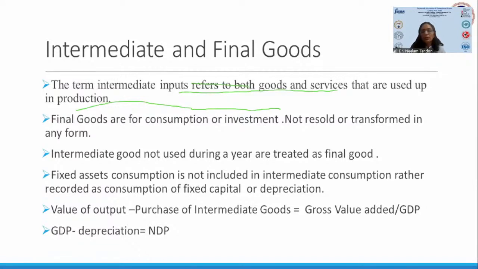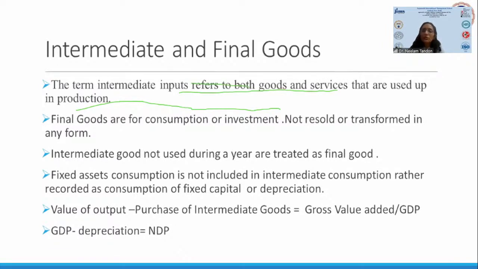So I've already shared what is the concept of intermediate and final goods. Intermediate goods are the goods which are used during the production process, which are not used for final consumption or investments. Final goods are the goods and services which are used for final consumption and investments. Final goods are not resold because they are used for final consumption or investments.